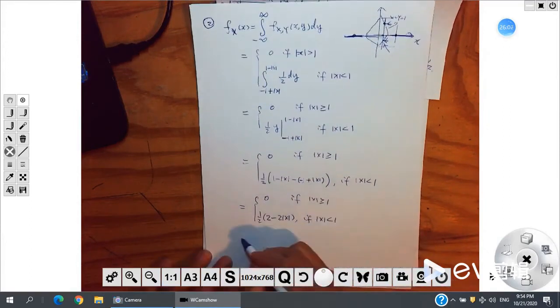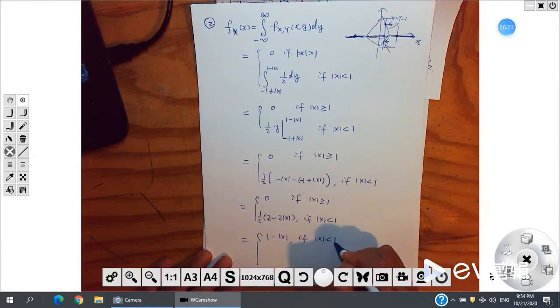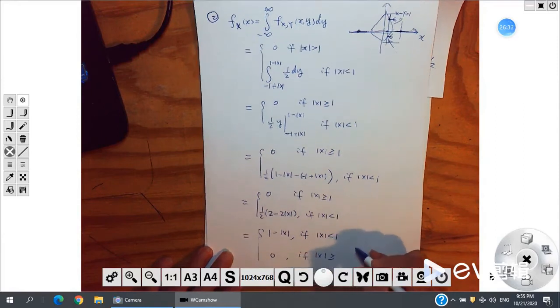Okay, now I have it. I put the non-zero value first, but the 1/2 can be cancelled with this 2, so it is 1 minus the absolute value of x if the absolute value of x is smaller than 1, and it is 0 if the absolute value of x is larger than or equal to 1.